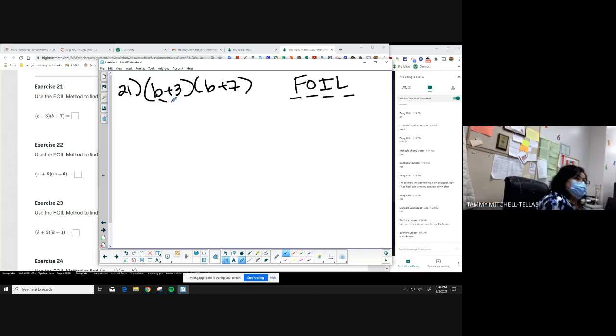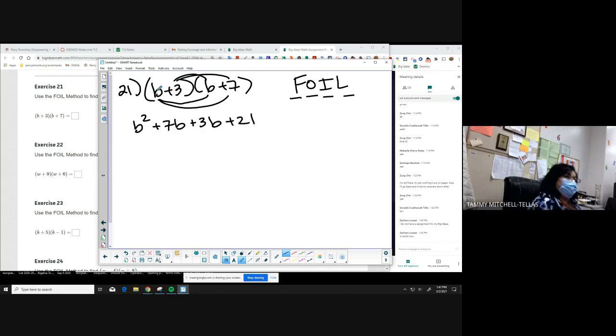So I'm going to do b times b, which is b to the second power, and b times positive 7, which is plus 7b. And then I'll do 3 times b, which is plus 3b, and 3 times 7, which is 21. So I'm multiplying this term by both in the back and this term by both in the back.